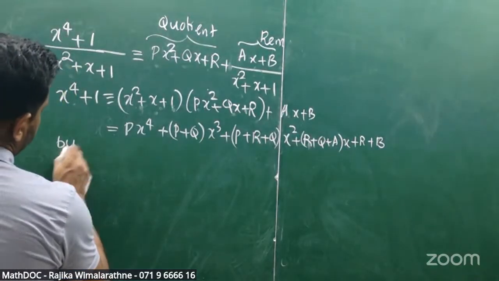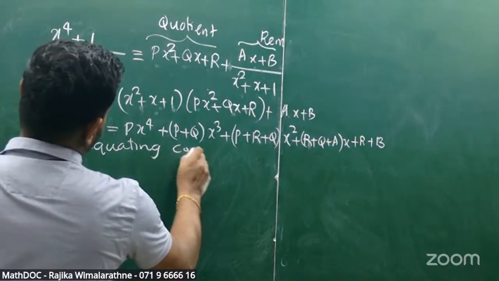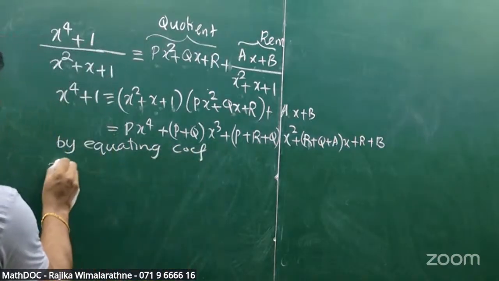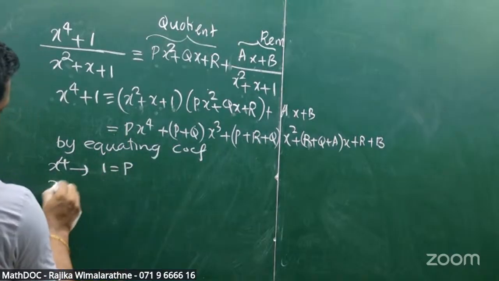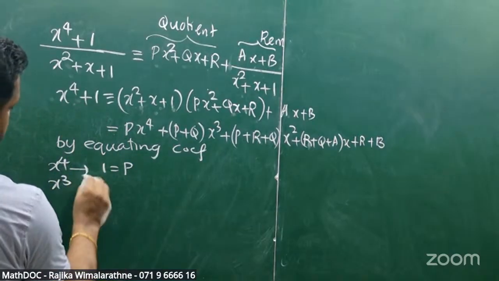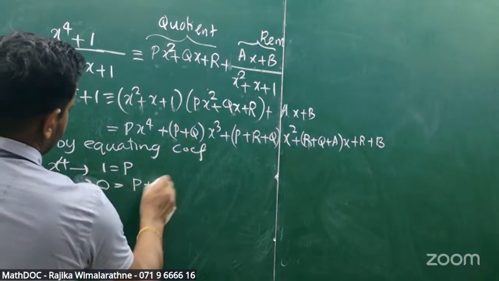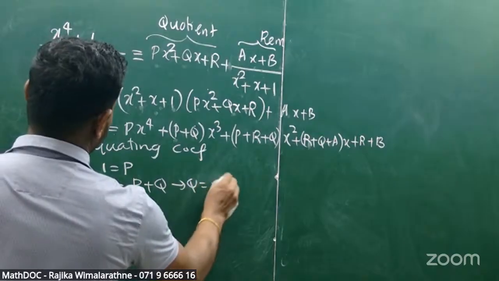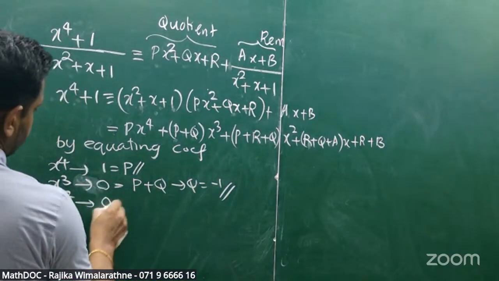Then by equating coefficients, start with x to the power 4. Here 1 equals p. X to the power 3, here 0. Here p plus q, so q equals minus 1. X to the power 2, here 0.